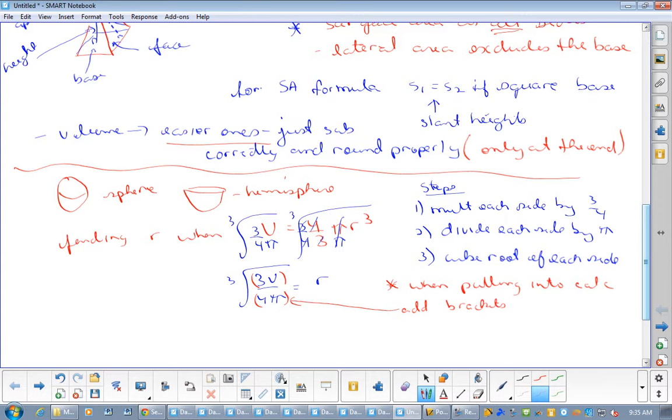Just waiting for a few people to finish writing, and then we'll keep going. Cube root each side. Okay, now here's another thing. Where is cube root? Math.